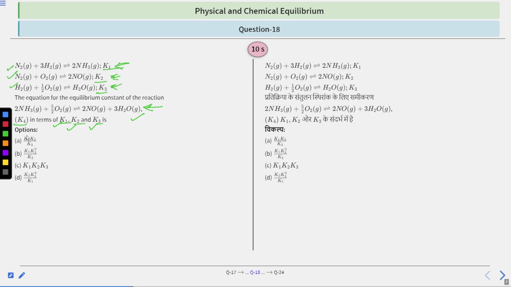Options are K1 K2 divided by K3, K1 K3 squared divided by K2, K1 K2 K3, and K2 K3 cubed divided by K1. So you have 10 seconds to solve this question. After that, we will see the answer.